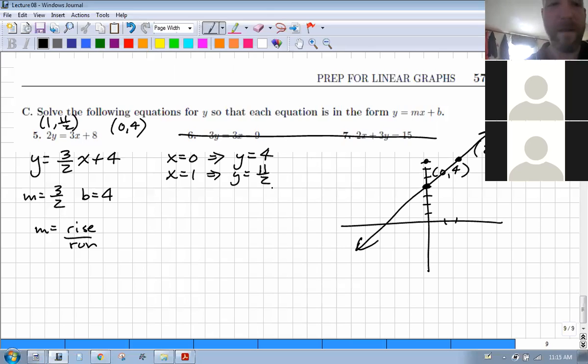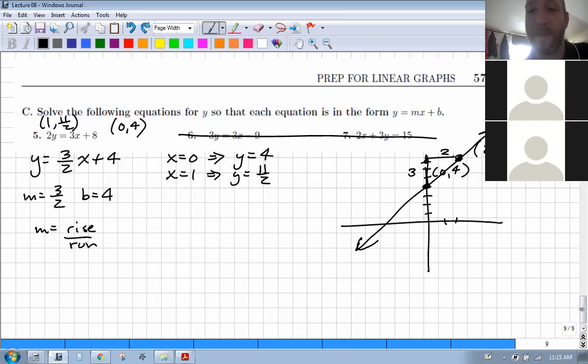The slope tells us the slope of the line for all the solutions. If we go up 3 and to the right 2, you're going to end up with another point on the line. And this line is the set of all solutions to this equation.